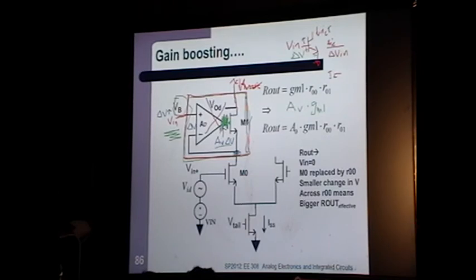If the current changes a lot, then whatever's in that black box has a high gm. If the current doesn't change much for a delta V in, then it has a low gm. And by adding this amplifier right here, you can get a big change in the current for a small change in your input. And that makes the gm of this black box big.